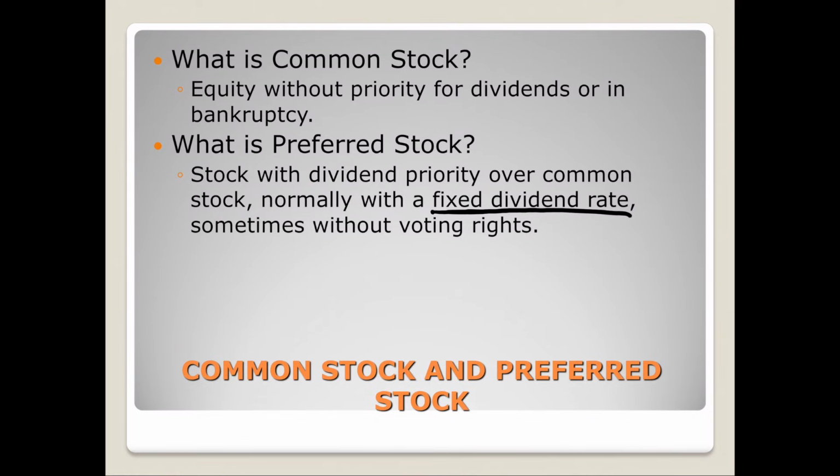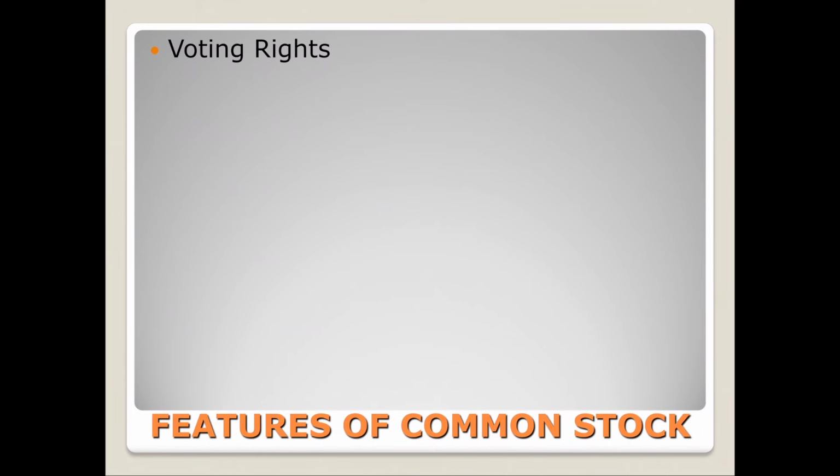That's why we treat it as a perpetuity, a constant cash flow, equally spaced forever, and oftentimes without voting rights. So we'll talk about what voting rights means, but you don't get voting rights on important events for the company, like the board of directors, mergers, acquisitions. You don't have any say on those important matters.